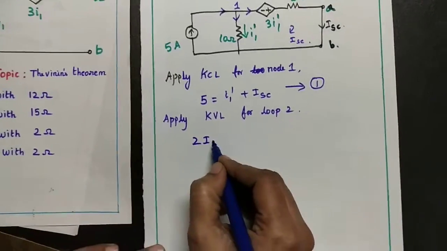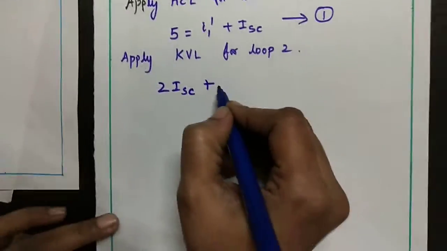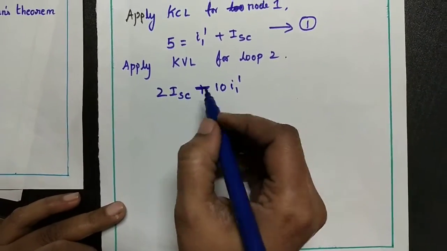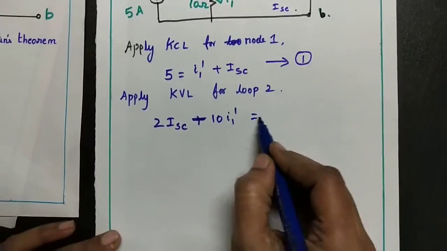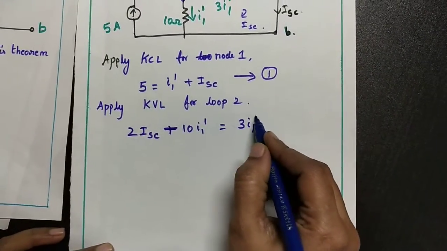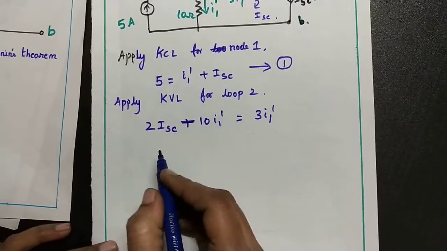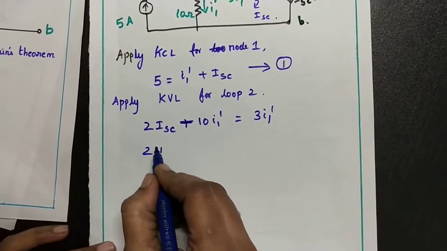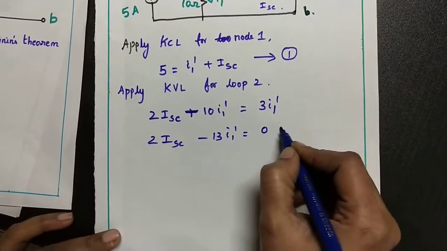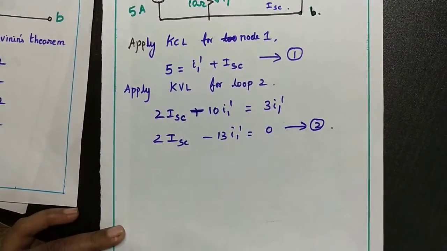So 2 into ISC minus 10 I1 dash, because this is opposite direction, is equal to 3 I1 dash, that is the voltage rise. Simplifying this, 2 ISC minus 13 I1 dash equal to 0. Let me take this as the second equation.